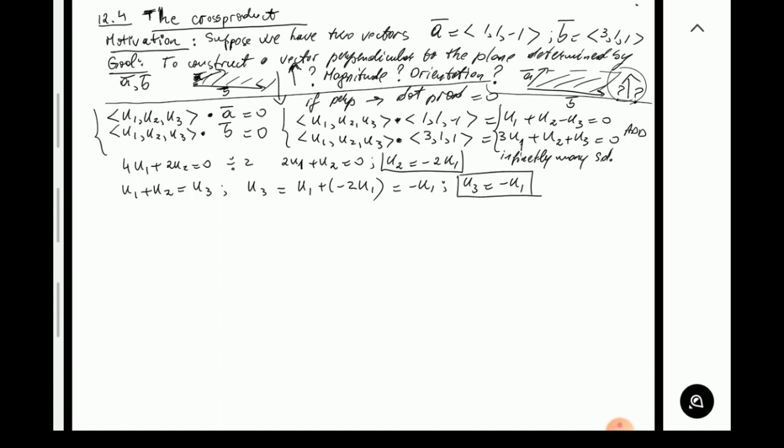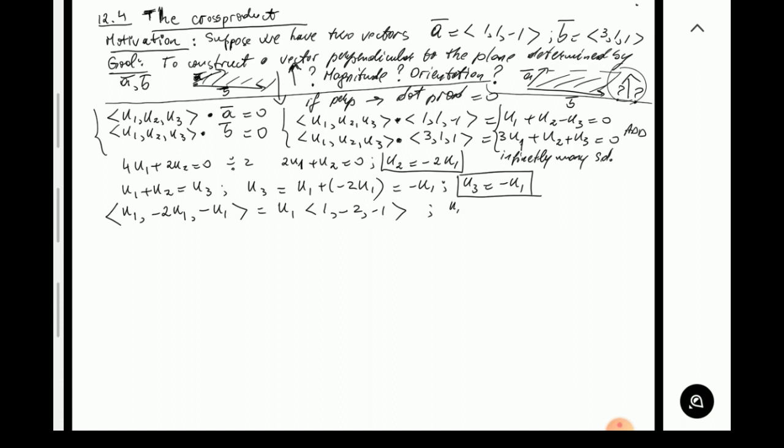Okay, so pause for a moment if you need to, but notice that so far the vector that I was trying to construct, perpendicular to A and B, in the order of the components, is given by u1, u2 which is minus 2u1, and u3 which is minus u1. And using some scalar multiplication in reverse, that's going to be a scalar multiple of 1, minus 2, minus 1.